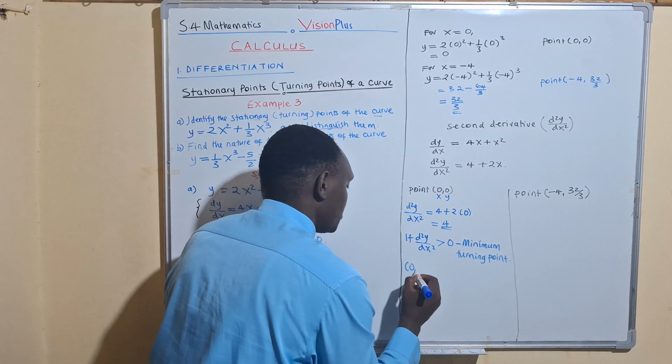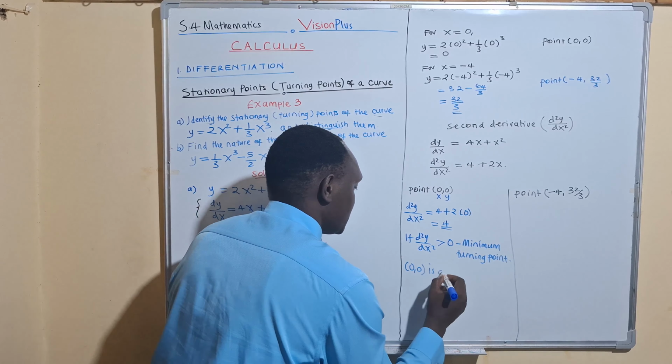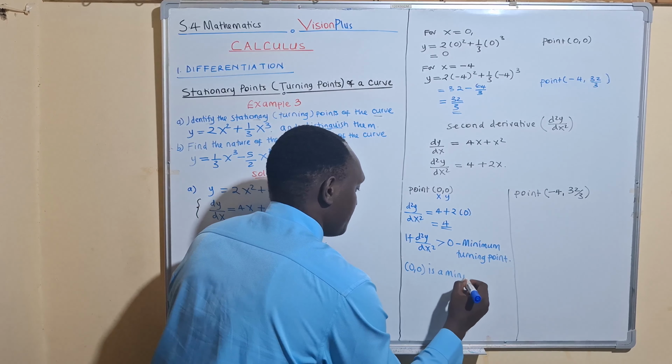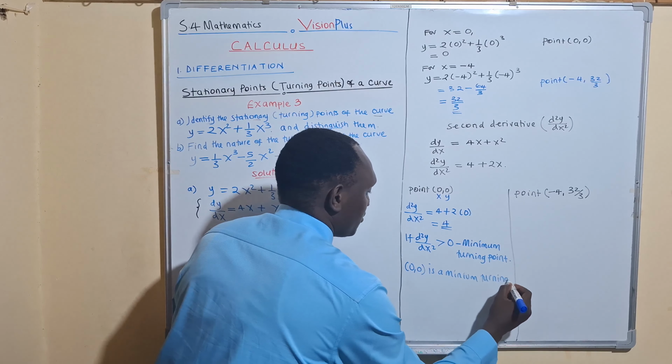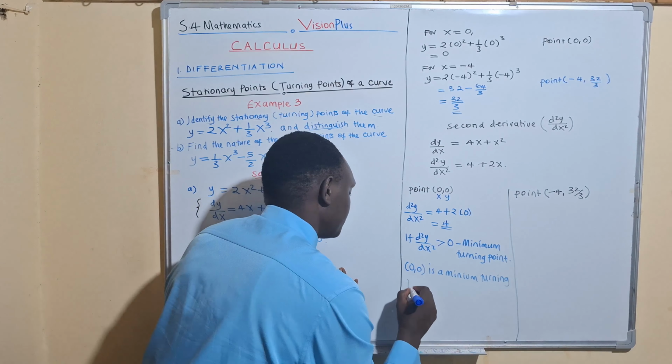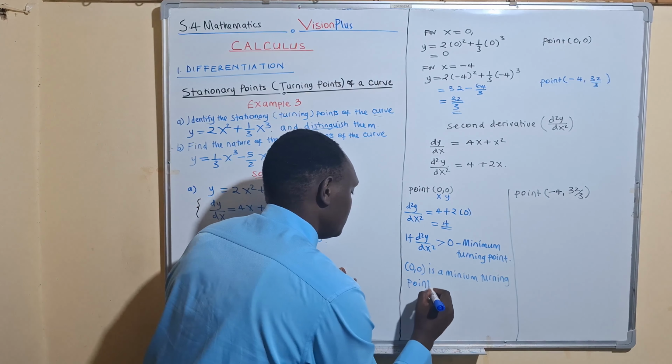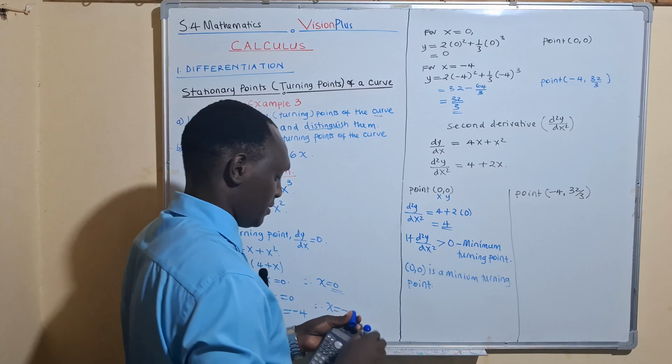Therefore, the point (0, 0) is a minimum turning point, or you can say it is a point of minima.